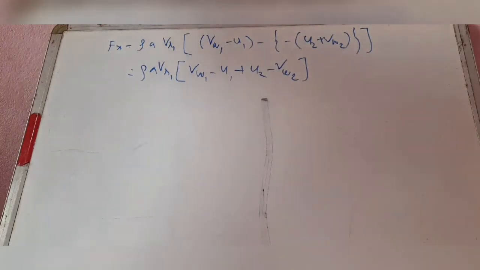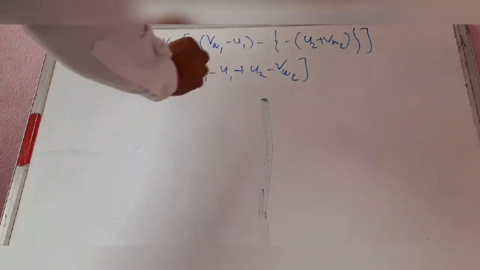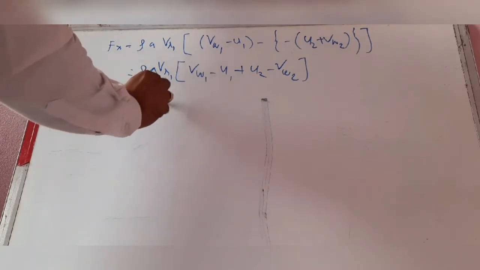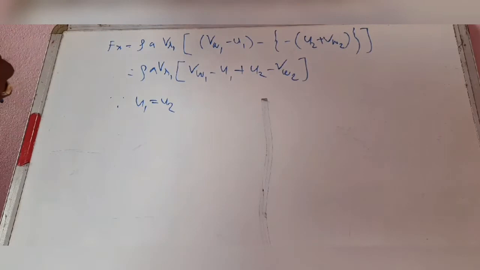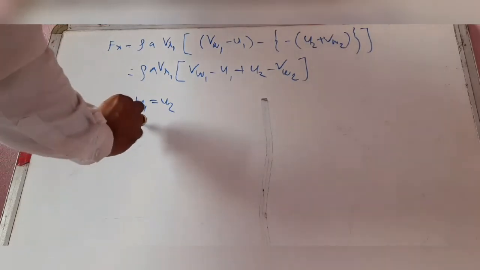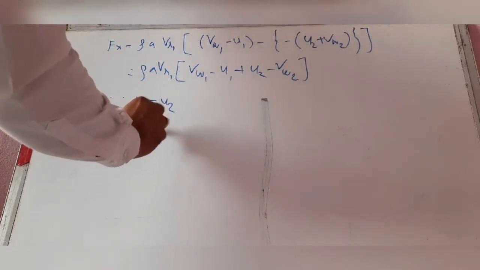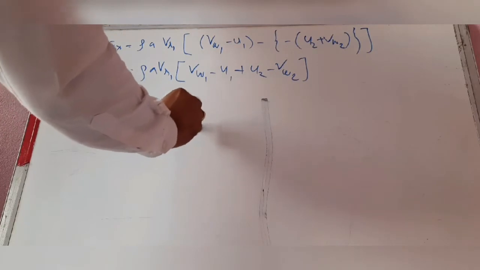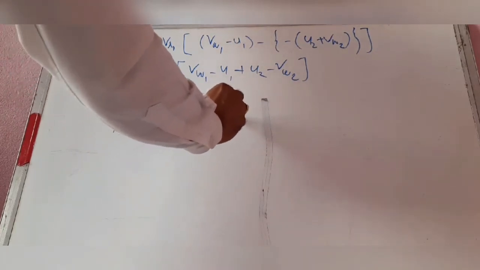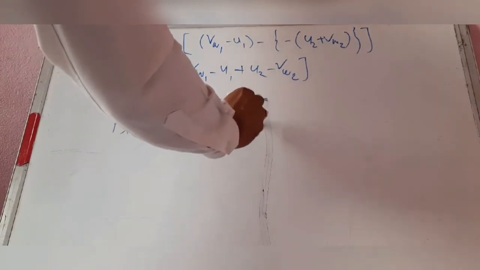As we know here u1 equal to u2, so this value of Fx is equal to rho a vr1 into vw1 minus vw2.